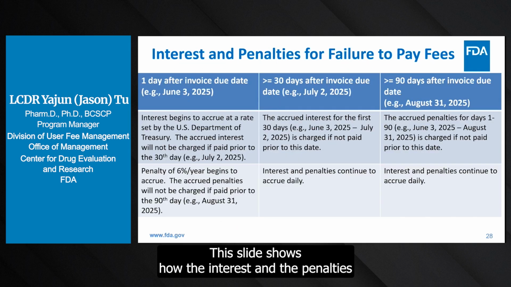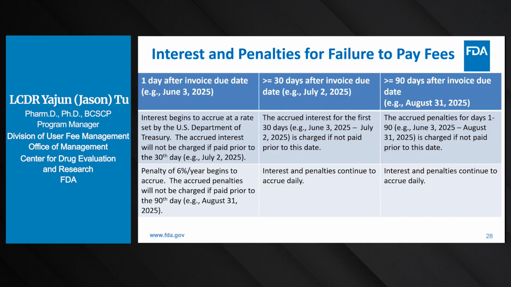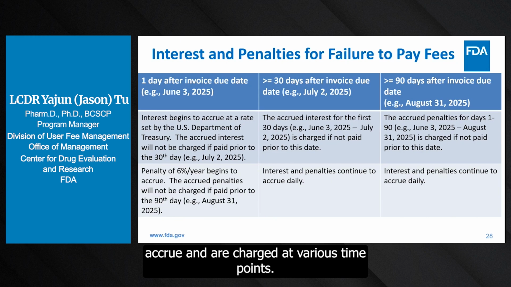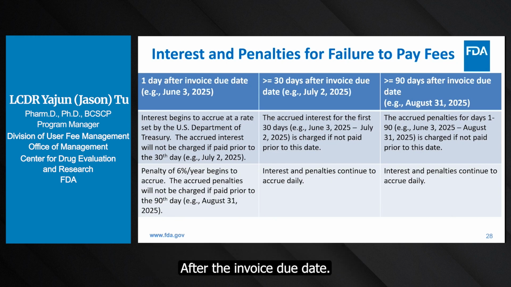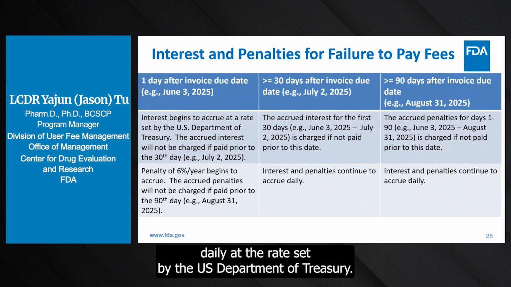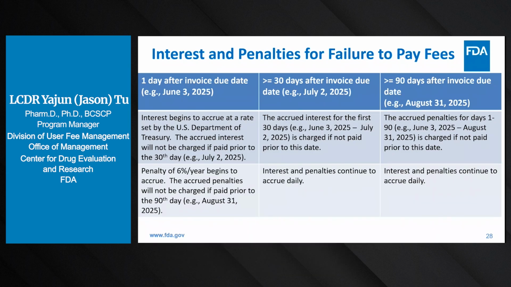This slide shows how interest and penalties accrue and are charged at various time points after the invoice due date. I will use fiscal year 2025 as an example throughout the slide. The first column shows 1 day after invoice due date, for example, June 3rd, 2025. Interest begins to accrue daily at the rate set by the U.S. Department of Treasury.